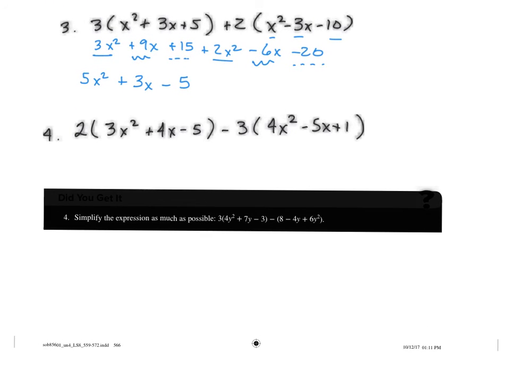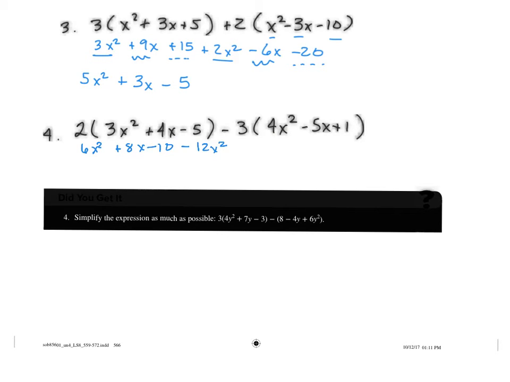Lastly on this page, I have 2 times 3x squared plus 4x minus 5, and then negative 3 times 4x squared minus 5x plus 1. When I distribute, I need to remember I'm distributing a negative 3 there. Distributing the 2, I have 6x squared plus 8x minus 10. A negative 3 times 4x squared is minus 12x squared.